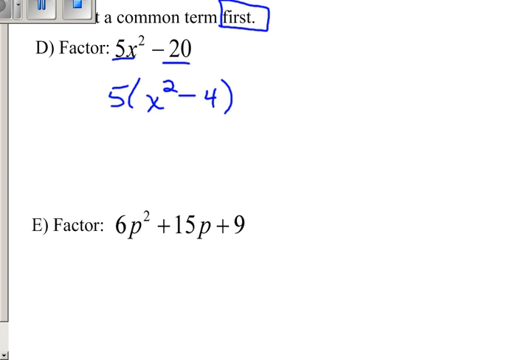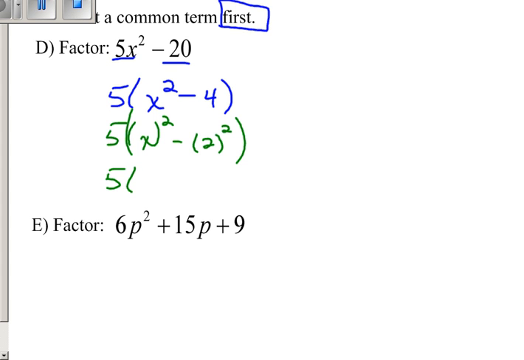Ask yourself the question, is x squared a perfect square? Yes. What? X. Is 4 a perfect square? Yes. What? 2. So notice this is a difference of 2 squares: x squared minus 2 squared.